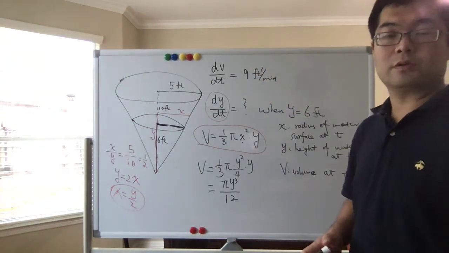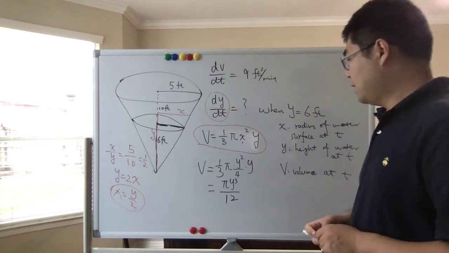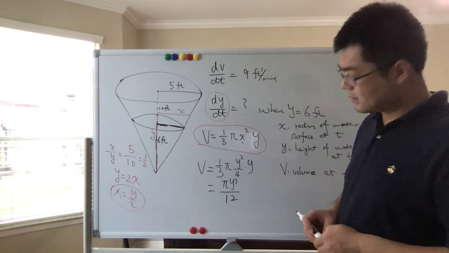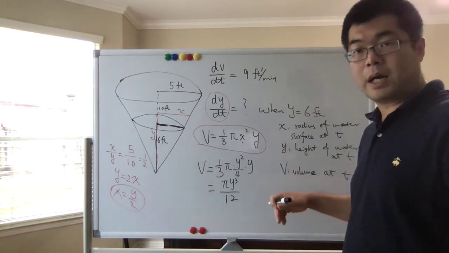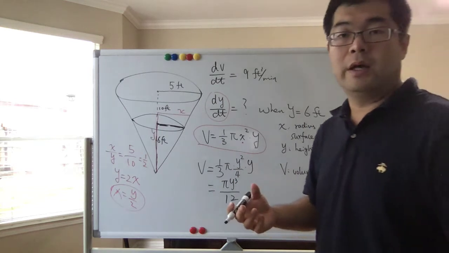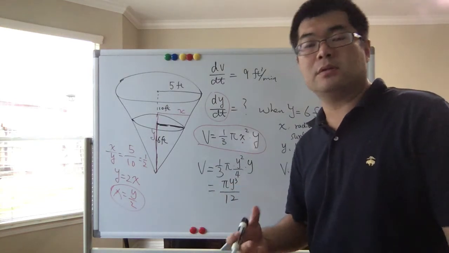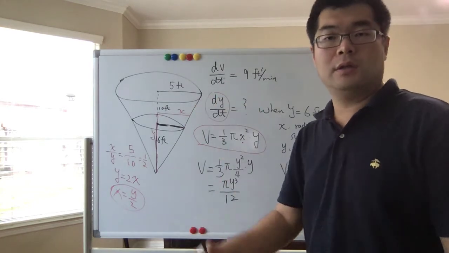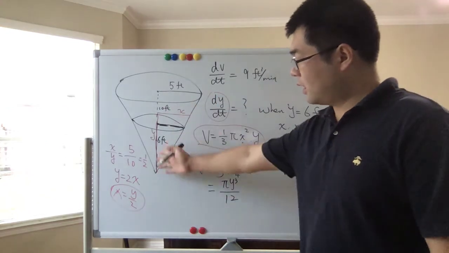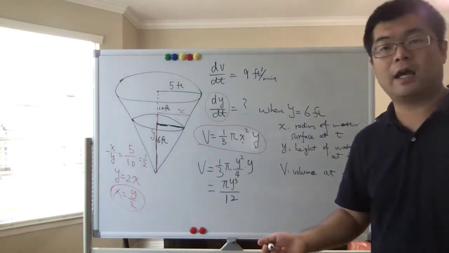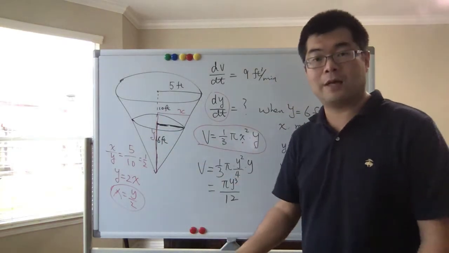And then we can use implicit differentiation on both sides, because V, the volume of the water, is a function of t, and y, the height of the water in the conical shape, is also a function of time t.